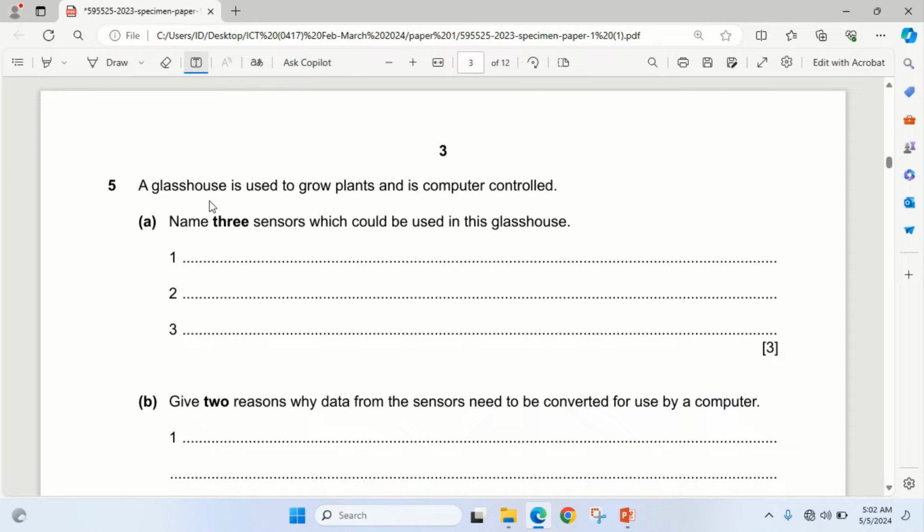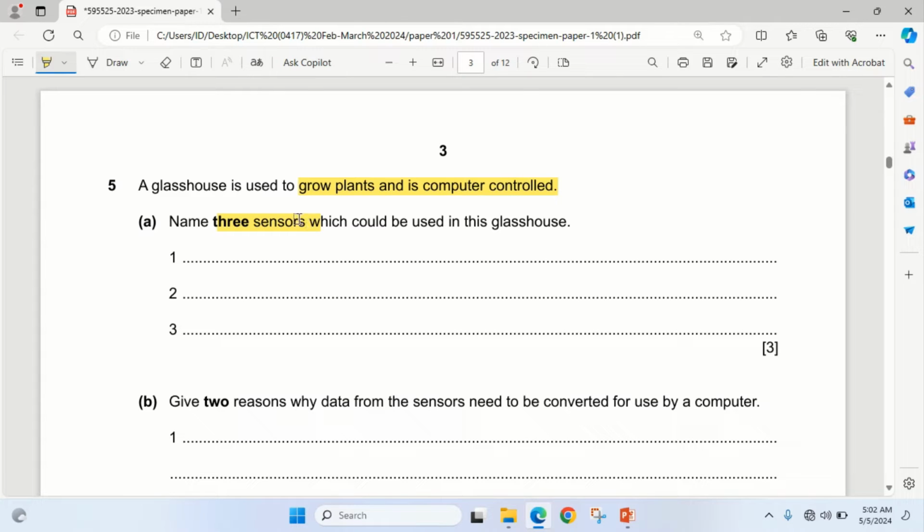A glass house is used to grow plants and is computer controlled. So take note, it's computer controlled. Name 3 sensors which could be used in this glass house. First thing to note is that sensors are input devices.